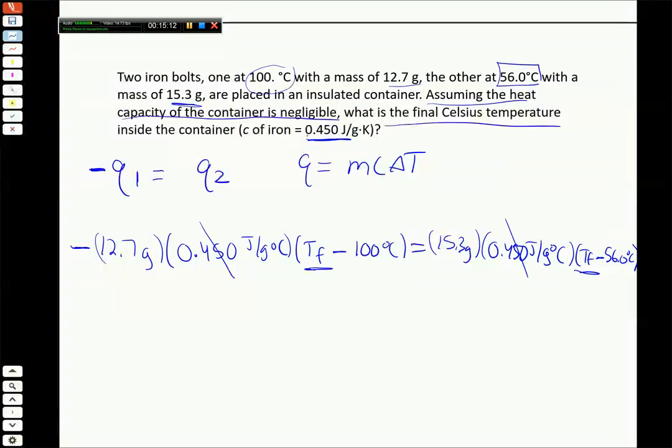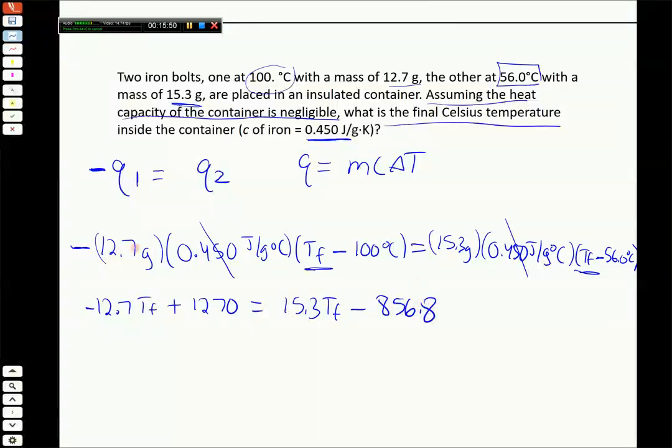So now we just have to solve for the final temperature. The algebra here is a little bit tricky, but we get minus 12.7 times the final temperature plus 1,270, and then on the other side of the equation we get 15.3 times final temperature minus 856.8.